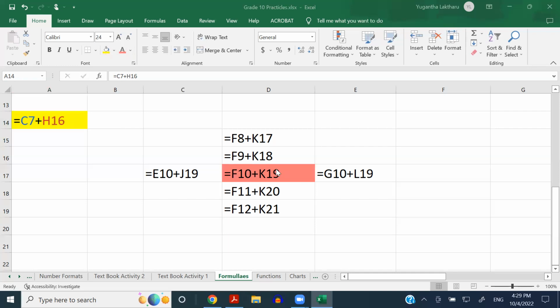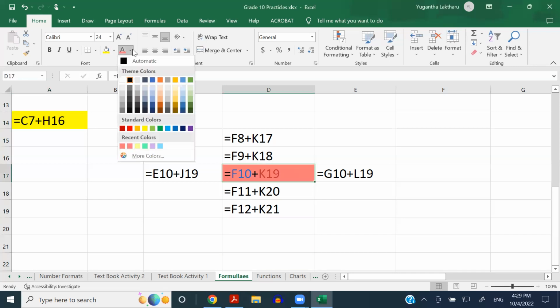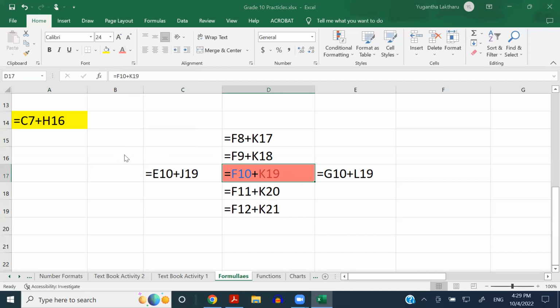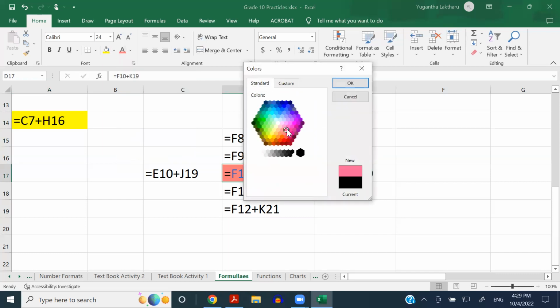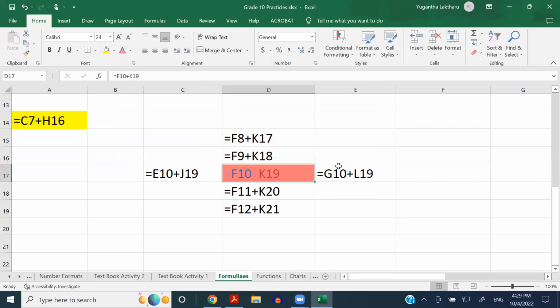So now I want you to think, I'm copying this. Is this purple or pink? Orange or pink, I'll take it as pink, right? Let me make it pink. No, not the font color, the cell color.